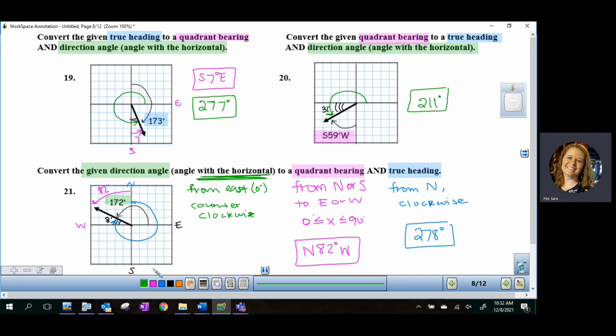Okay, and then we need the true heading. So that's from the north, clockwise to the angle. So that angle, the acute angle here, the quadrant angle was 59. So the true bearing would be 180 plus the 59, right? So what would that be? 239.